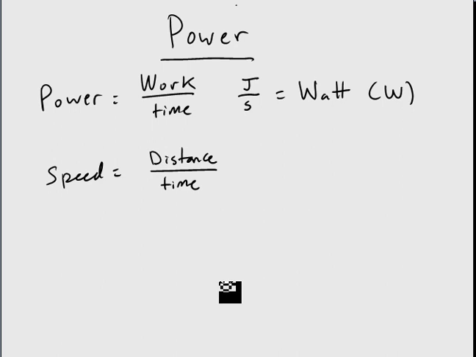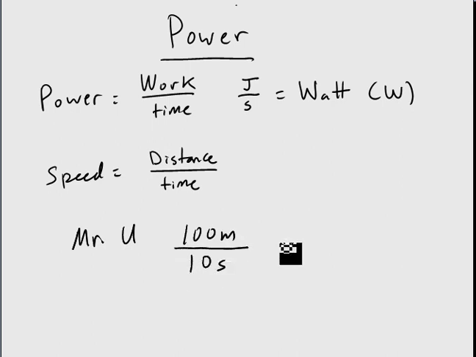I could say, well, I went 100 meters, so Mr. U went 100 meters in 10 seconds. It's really fast, actually. Right? And you could say that, well, that means that I went 10 meters every second.